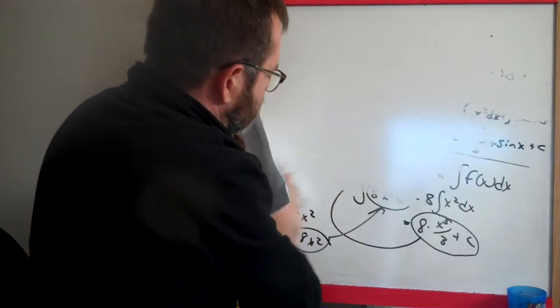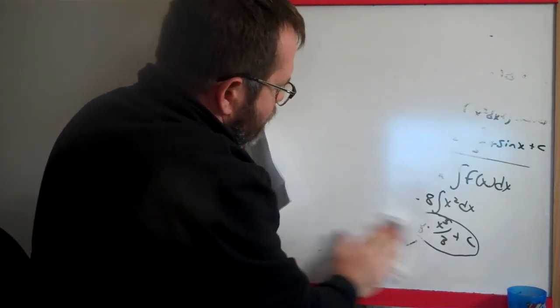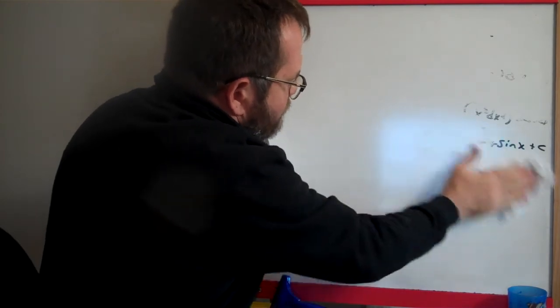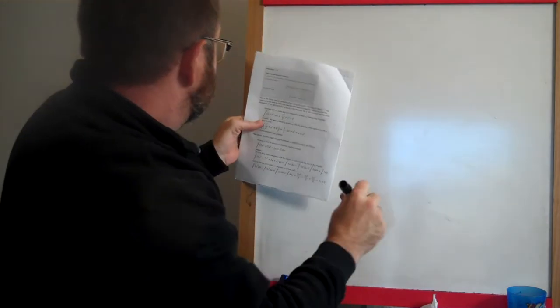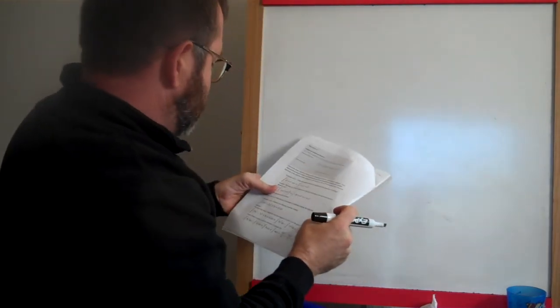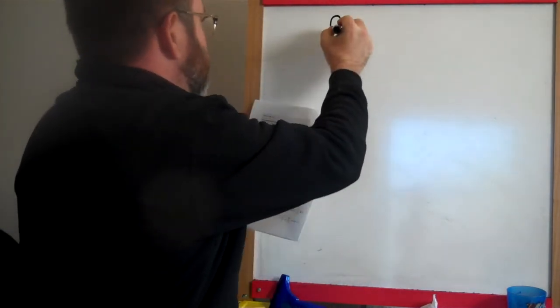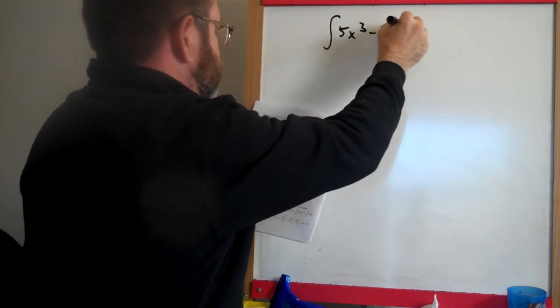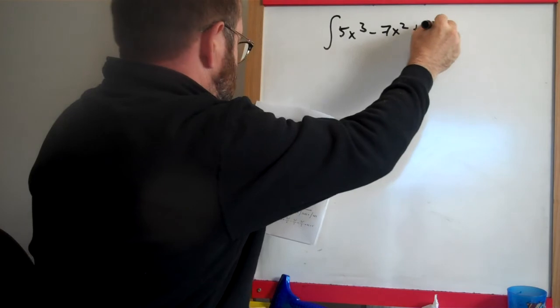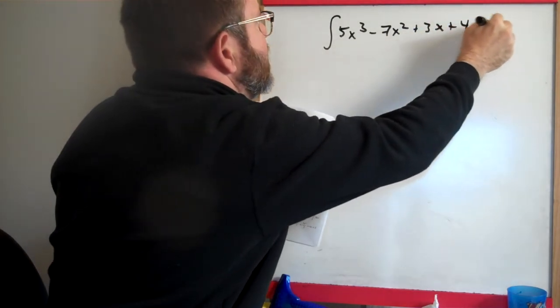We're going to be doing so much more of this stuff in Chapter 5. We really just get our feet a little bit wet on this here at the beginning, or at the end of the previous chapter, I guess I would say. It's asking us to evaluate the integral of 5x cubed minus 7x squared plus 3x plus 4 dx.